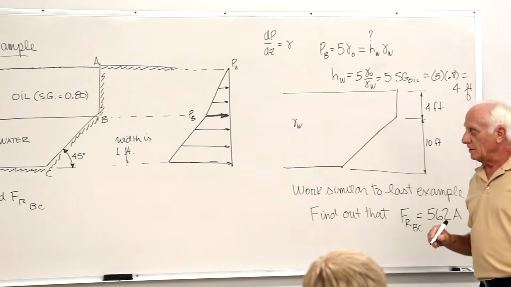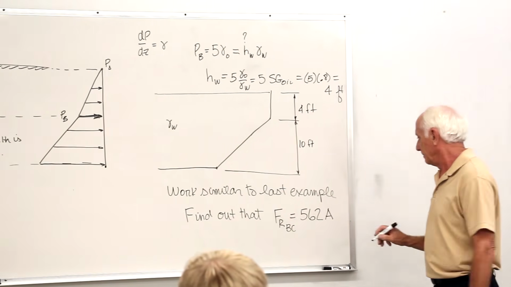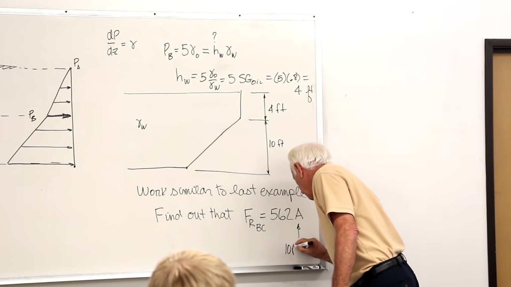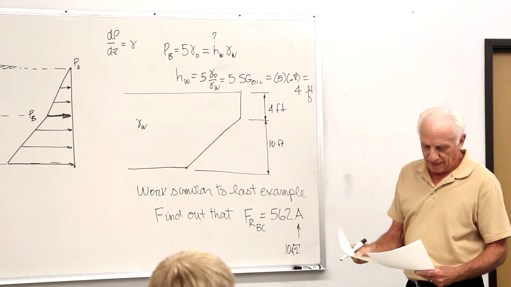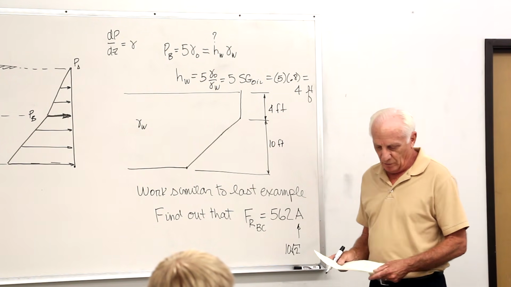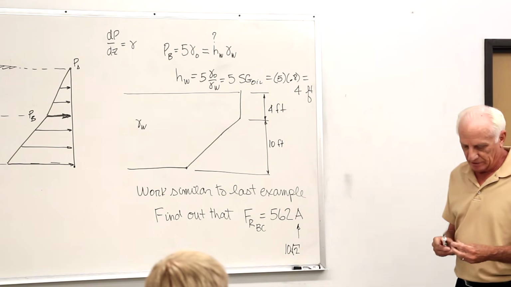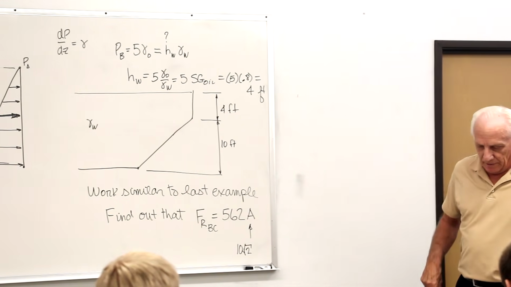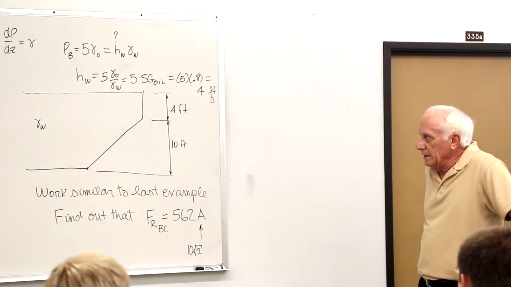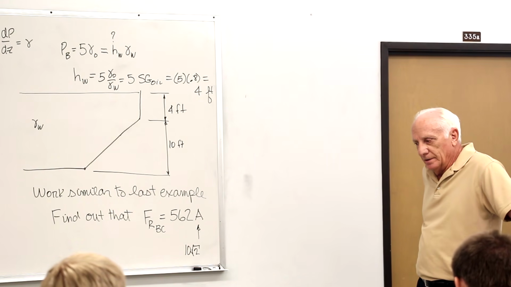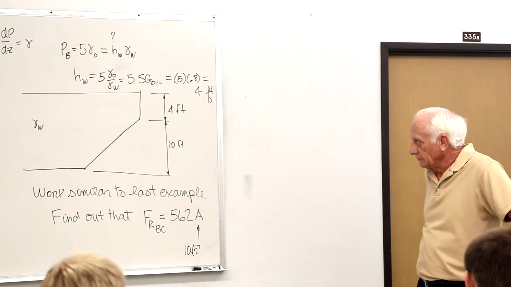The area is 10 square root 2 times 1. So that's a good way to handle layers of different fluids. Try and change it so you have only one fluid to work with, and then work them like you did the previous examples.